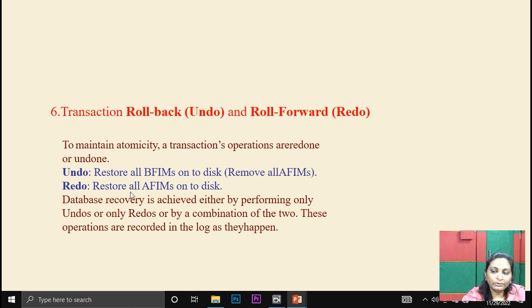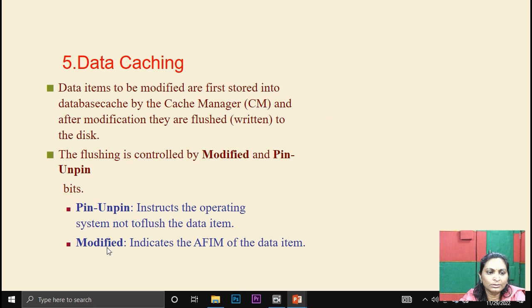If any failure occurs and that 5,000 is not deposited in the bank, which operation will be done? Undo. And if the account has been credited with that 5,000 and no system failure occurs, the current changes will be written onto the disk.